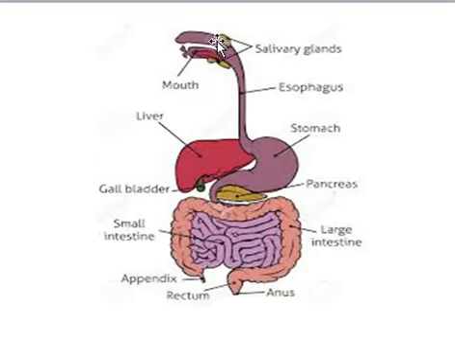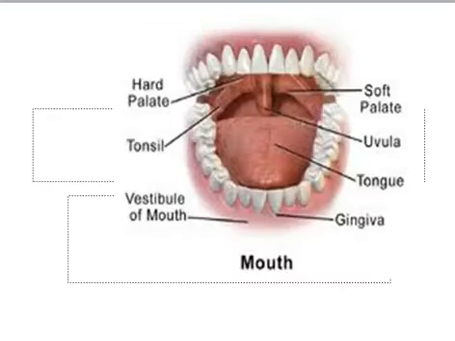And the mouth is enclosed by the cheeks, from the outer side, and the lips, and the palate. Here the hard and soft palate, and the tongue at the base. This maintains the roof of the mouth. And the oral cavity is lined with non-keratinized stratified squamous epithelium, as I said before.